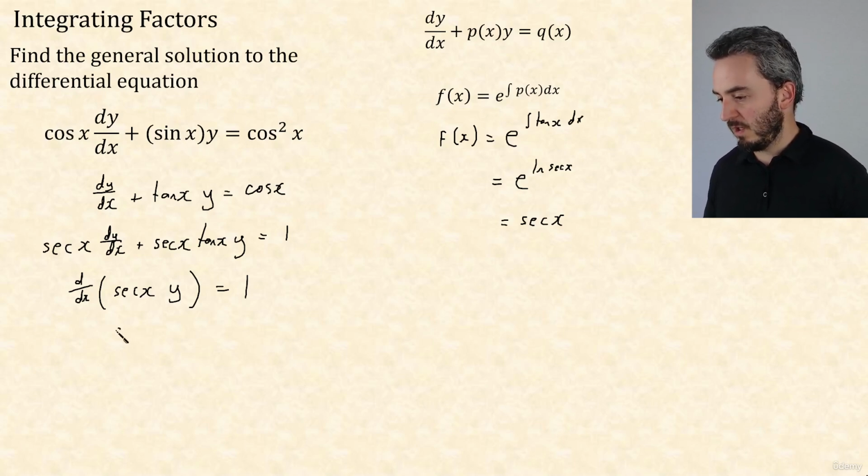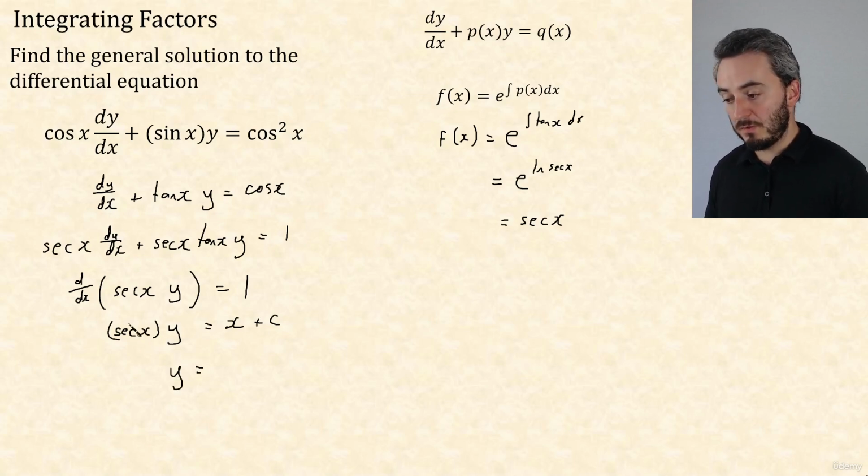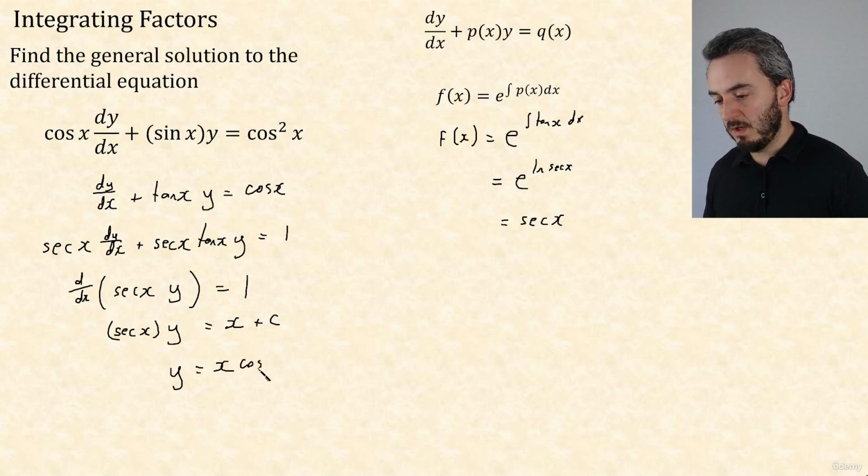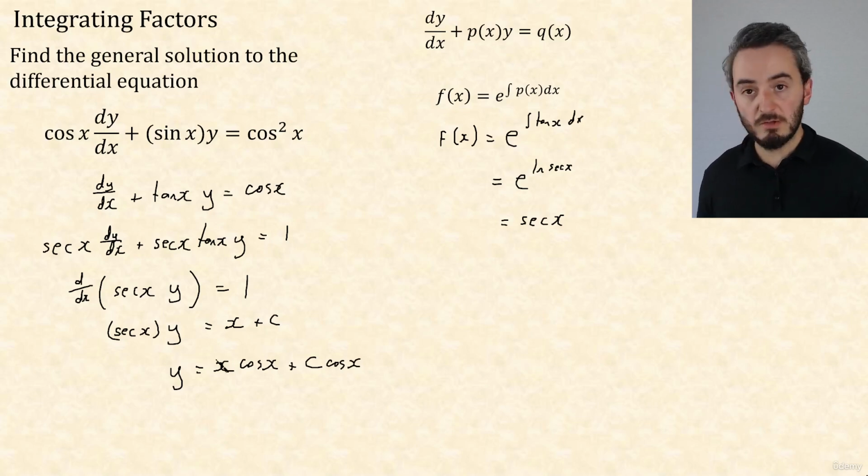Okay, we've got sec x, I'll put that in brackets, y, equals the integral of 1, which is x, plus c. So y is, well, I'll multiply through by cos x, and we get x cos x plus c cos x. And there is our general solution to this differential equation.